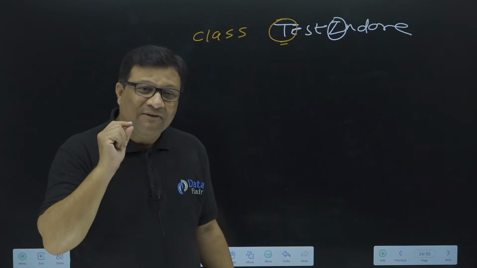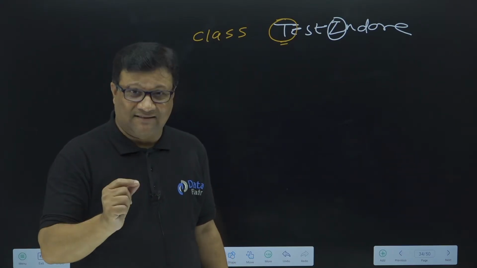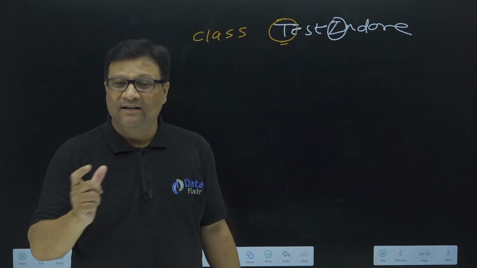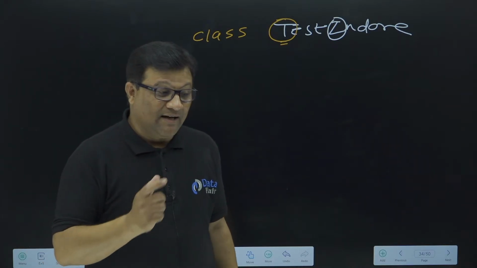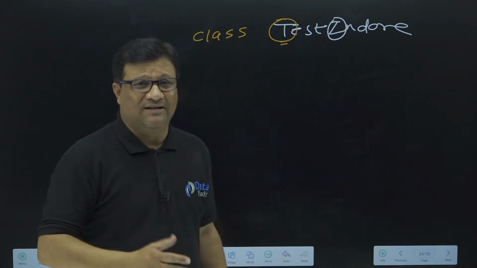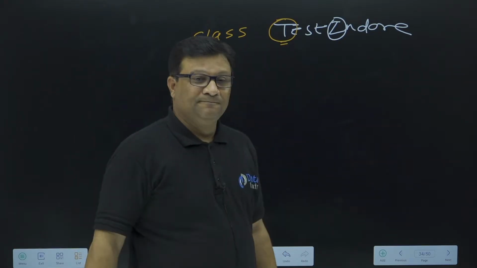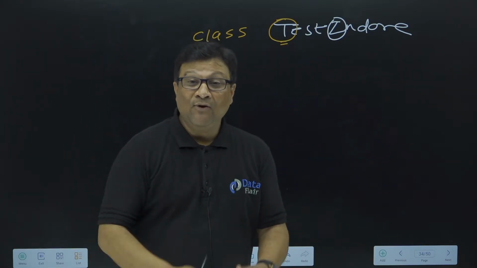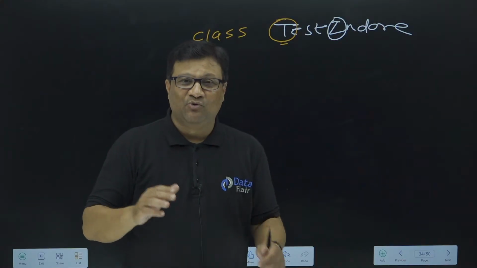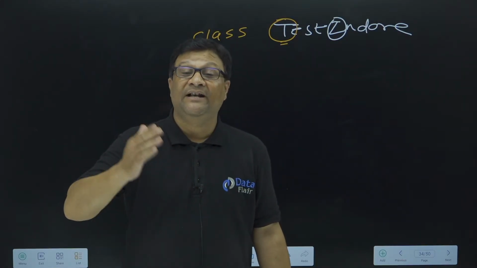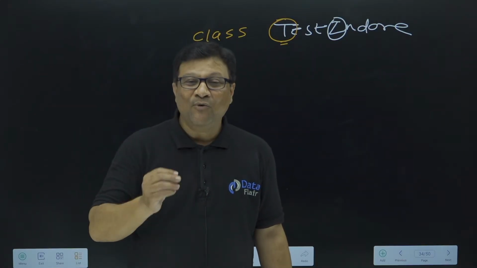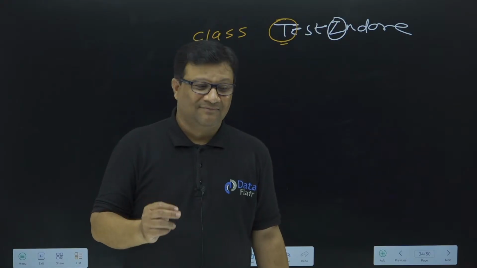Type it fast. If it is a class name, how can you write it? Suppose I need to declare a class whose name is hello friend Indore. Then how do I write this class name?